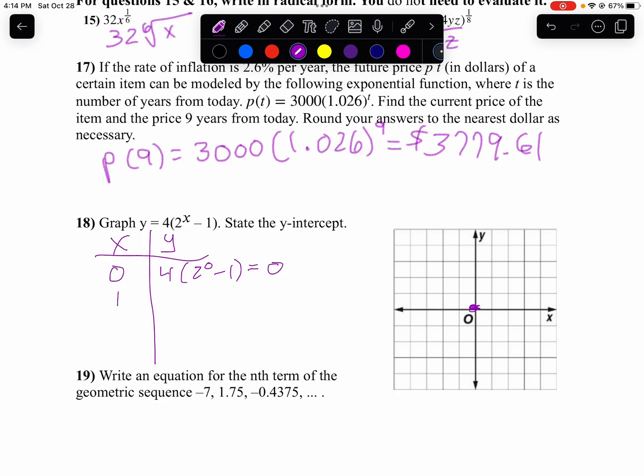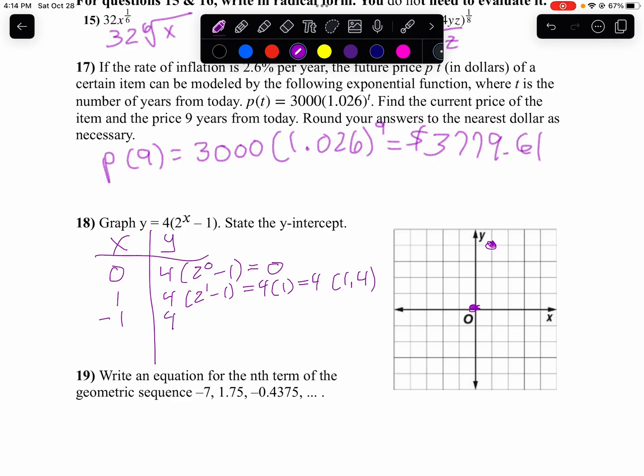Let's do x as 1. So I'm going to go 4 times 2 to the first minus 1. That'll be 4 times 2 minus 1, which is 1, which is 4. So I'm going to graph the point 1 and 4. So over 1 and up, 1, 2, 3, 4. Let's do negative 1.